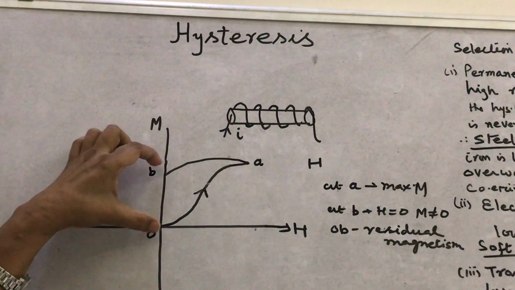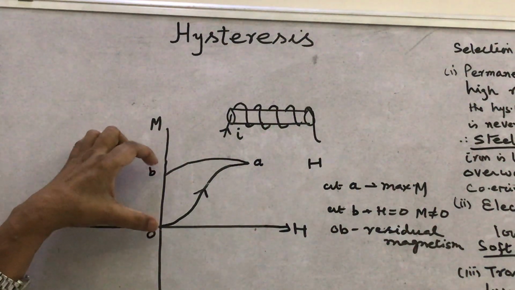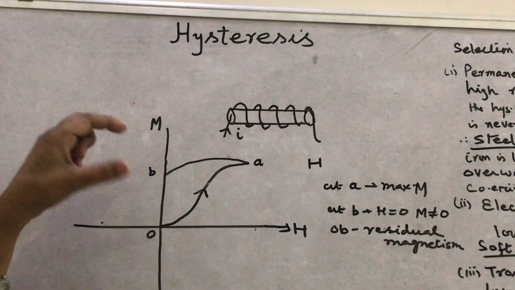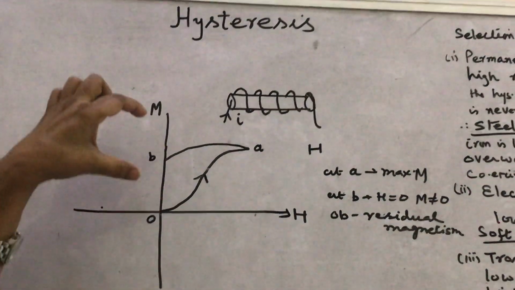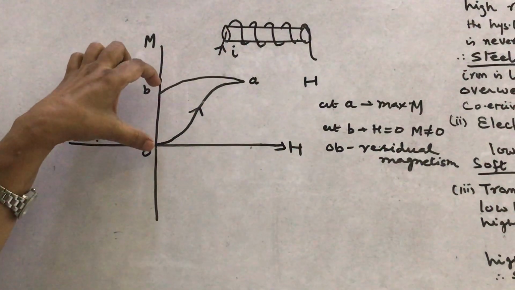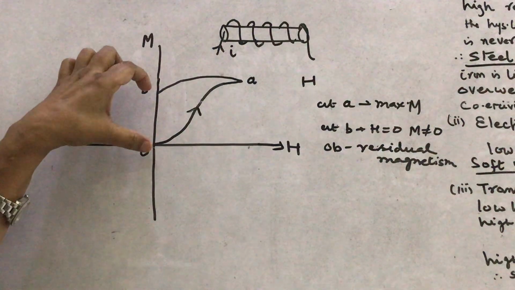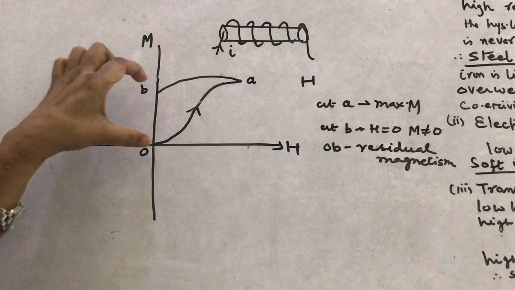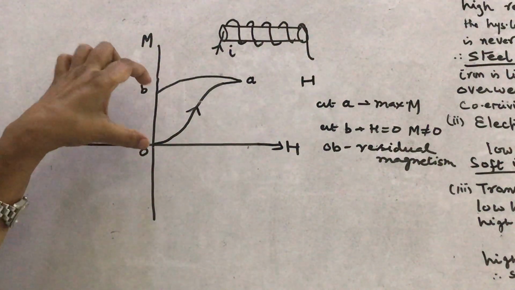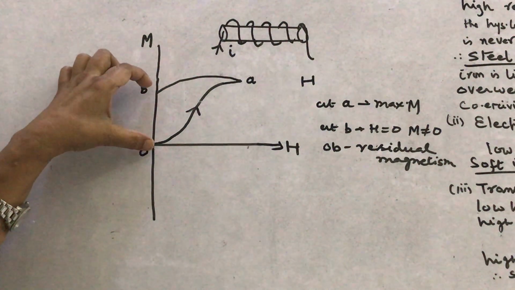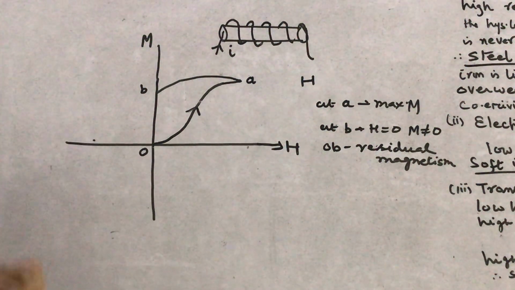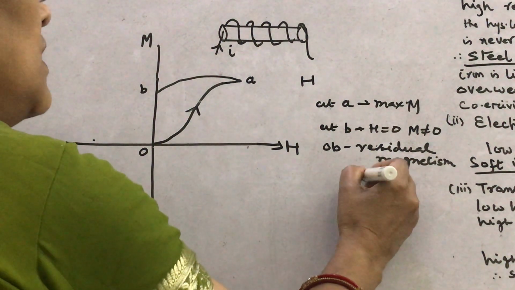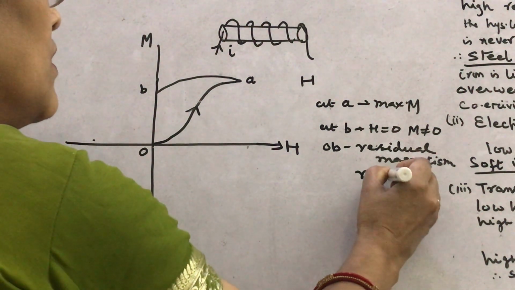How will you define residual magnetism? When the magnetizing force ceases to act, even then the magnetization that persists, remains in the substance, is called retentivity. This residual magnetism is also called retentivity.